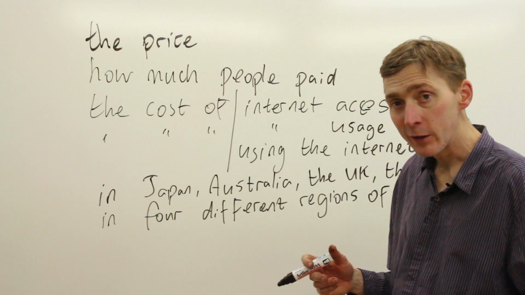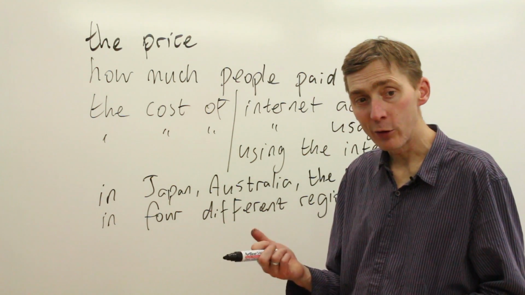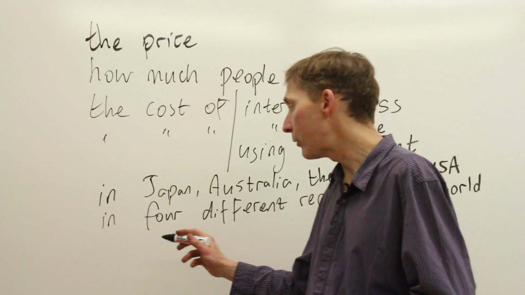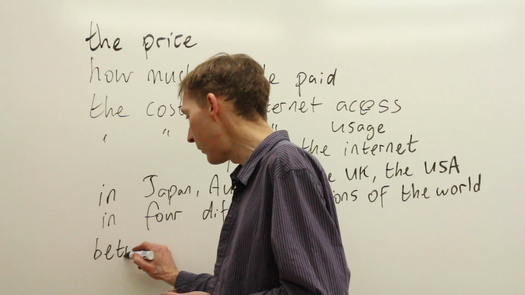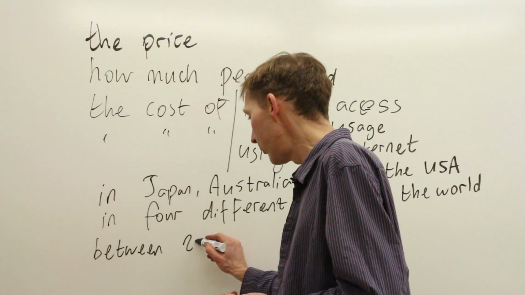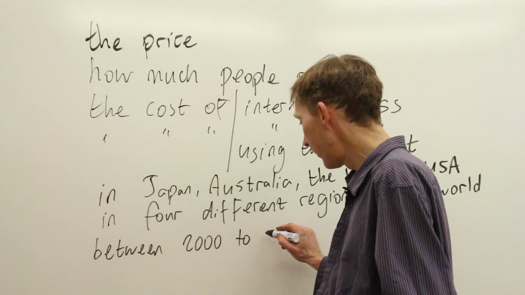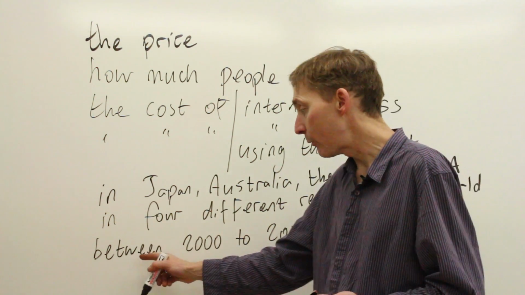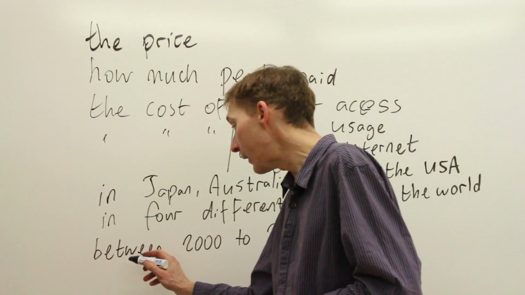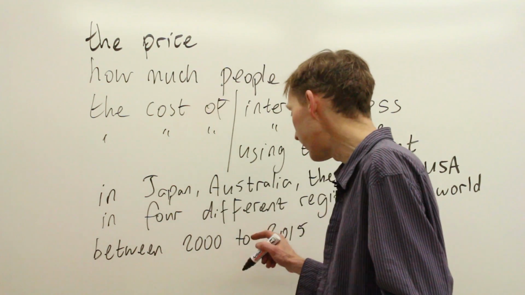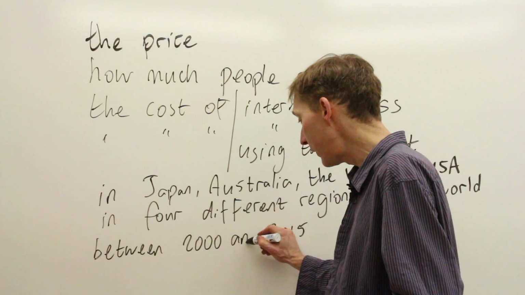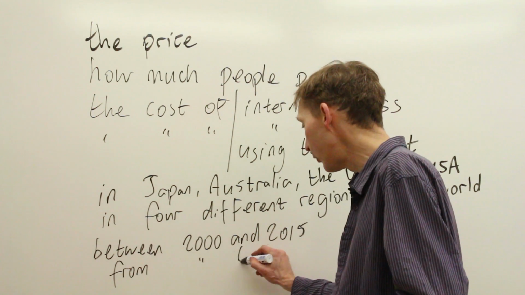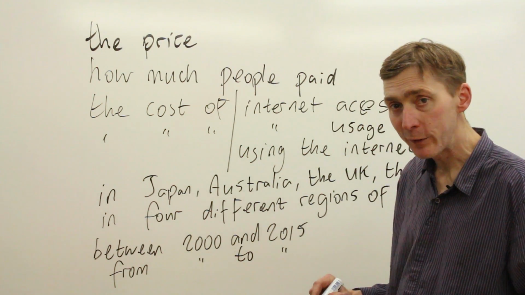Now on the graph it says 2000, 2005, 2010, 2015. So we could talk about between 2000 to 2015, or we could talk about, instead of saying between and to, we could say between and, we could talk about from 2000 to 2015.